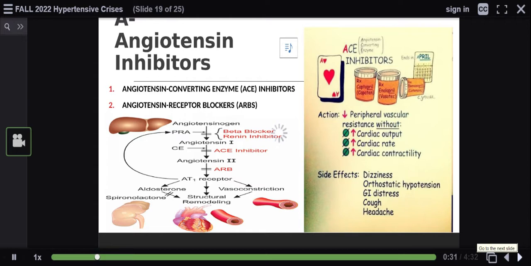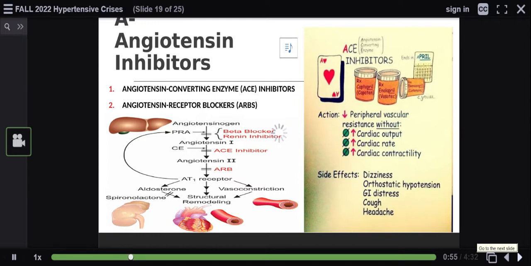As for the ACEs, or the angiotensin converting enzyme inhibitors, it basically acts in inhibiting the conversion of angiotensin 1 to angiotensin 2. So thereby what it does, it lowers the peripheral resistance, thereby decreasing the blood pressure, as you can see on your left side. Now the ARBs, on the other hand, they block the effects of angiotensin 2 at the receptor.